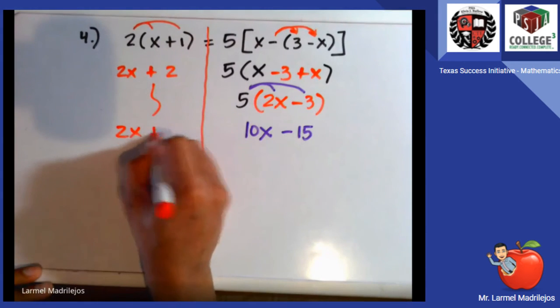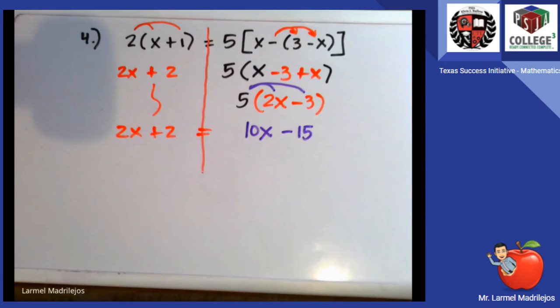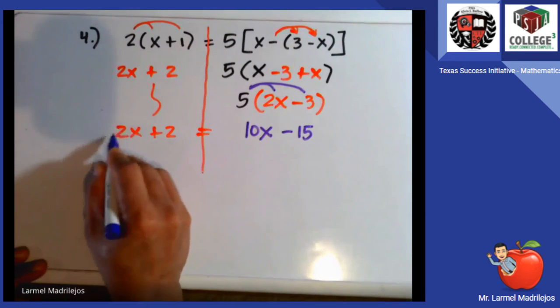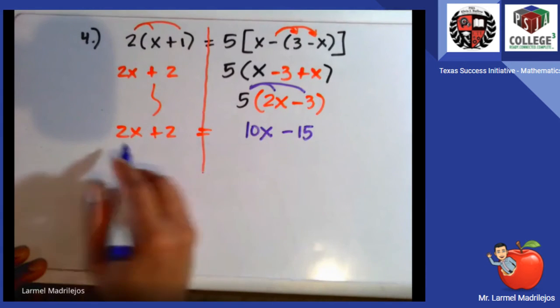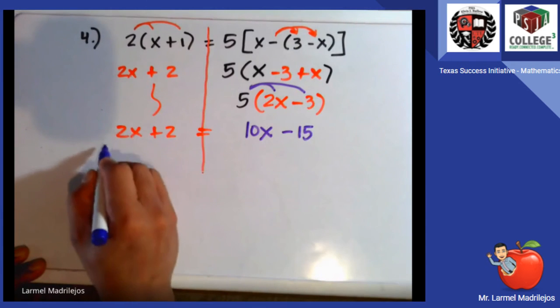2x plus 2. Like terms, I always start with the variable. I'm going to look for the smallest variable to move to that side, which keeps it positive. This is the smallest variable here: 2x, and this is 10x. The opposite of positive 2x is going to be negative 2x.